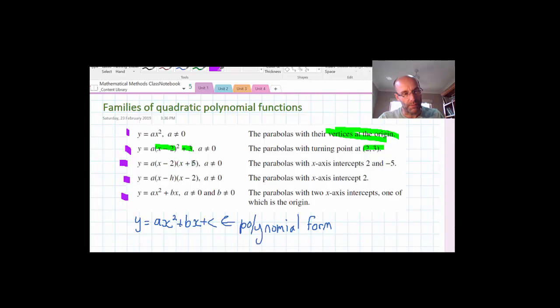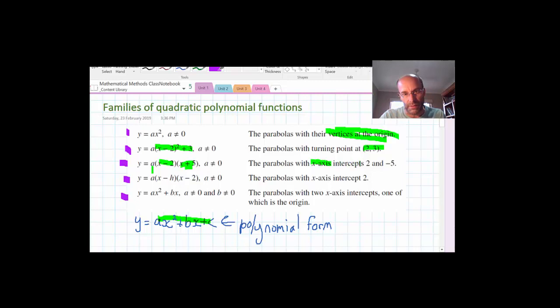The next one here, we see that we have something that's not quite in polynomial form, and it's not in turning point form. It's got an a, which is a dilation factor, but it's got a factorized pair of parts, and that gives us information.